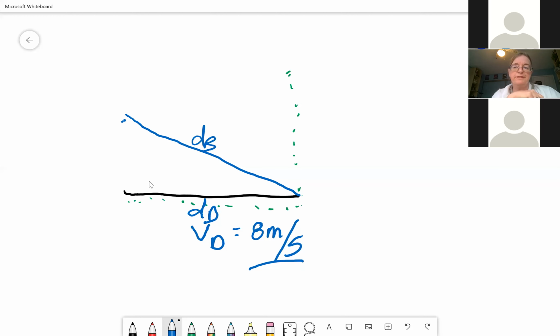And that's why, if you see me solve a problem, you'll see me put units in, even when I'm plugging them in, because basically in the same time it takes this Dallas Cowboy to run that distance, the Bill needs to run that distance. So you need to find the time.